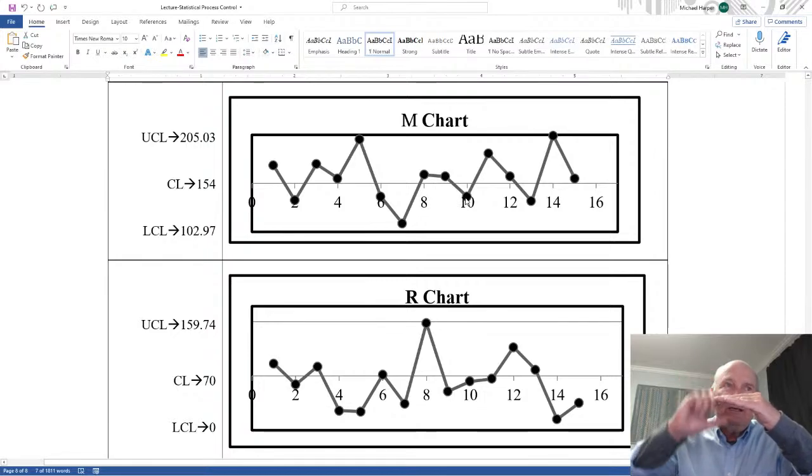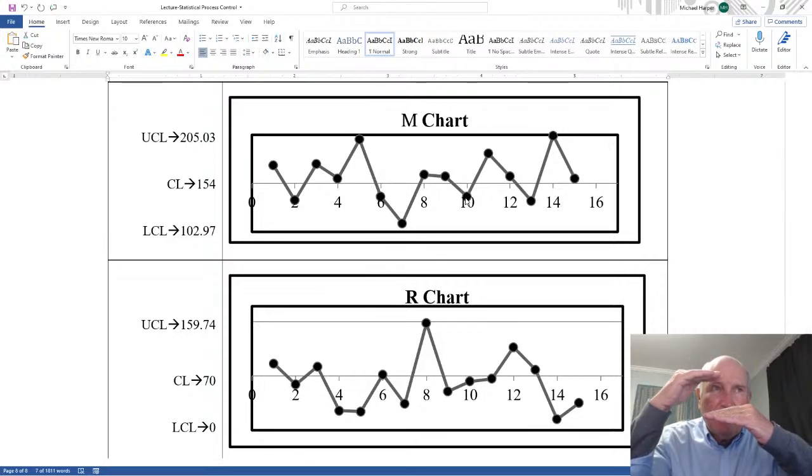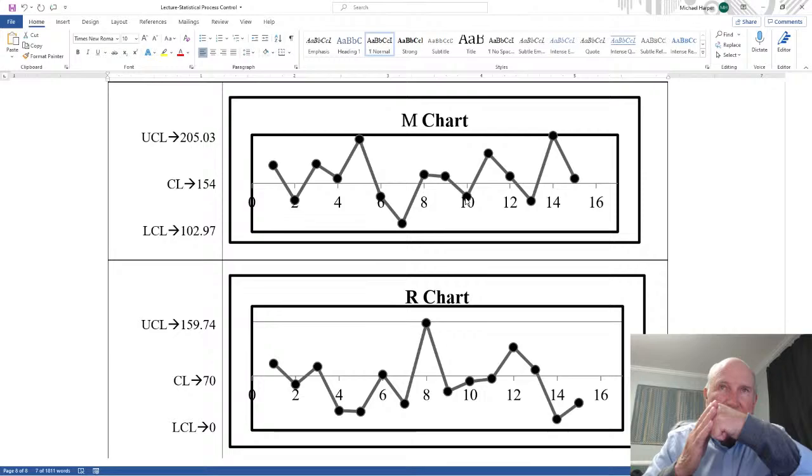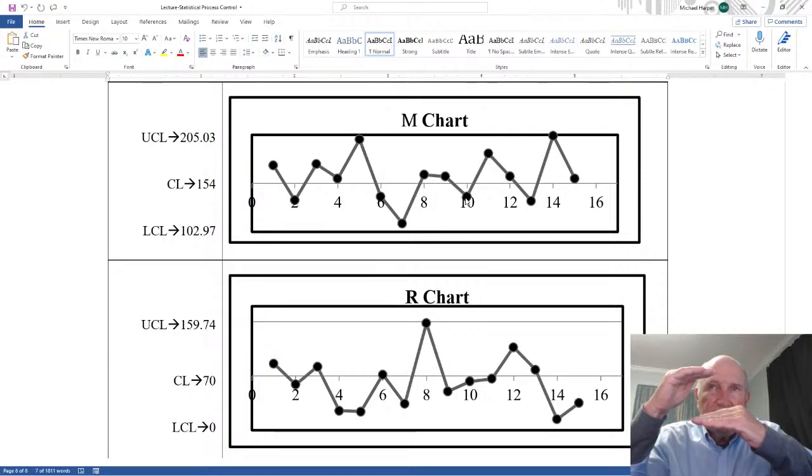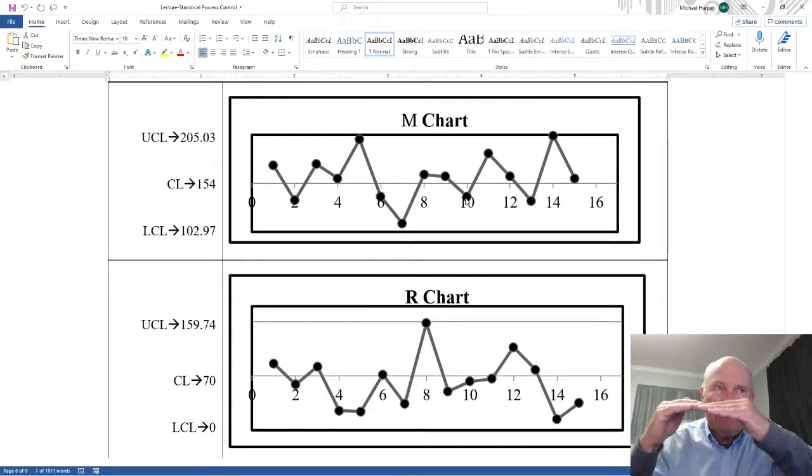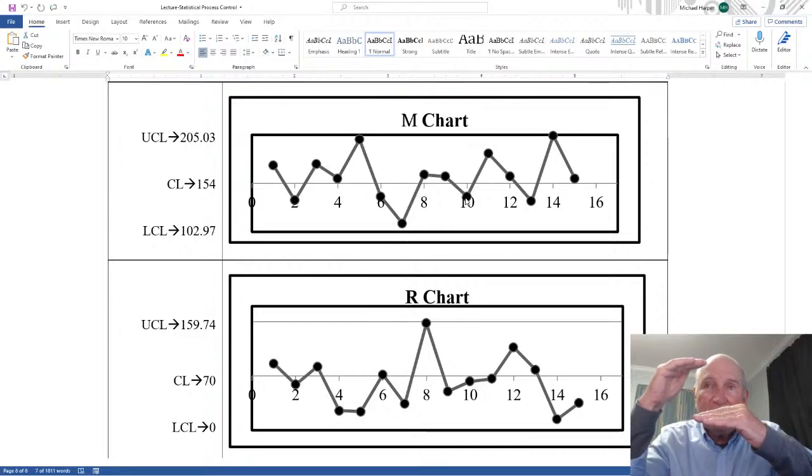Above it or below it, that difference is usually an observation versus some estimate, because that center line was estimated. The difference between an observation and an estimate of that observation is a bias or residual or deviation. So the M chart is a measure of bias.